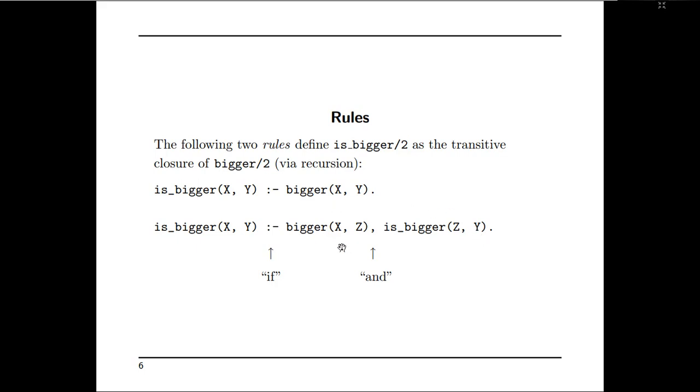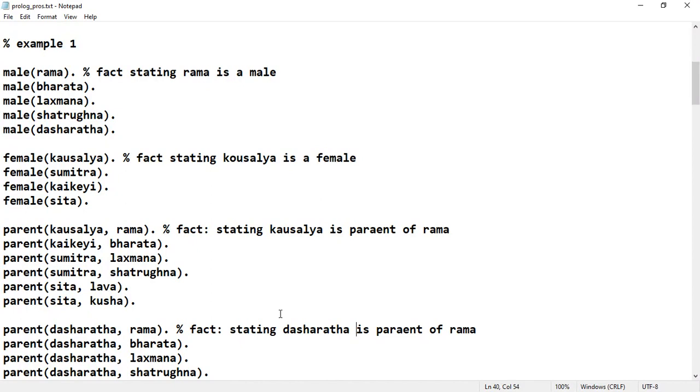That means is_bigger of X comma Y holds if bigger of X comma Z and is_bigger of Z comma Y are both true. Only then is_bigger of X comma Y is true.